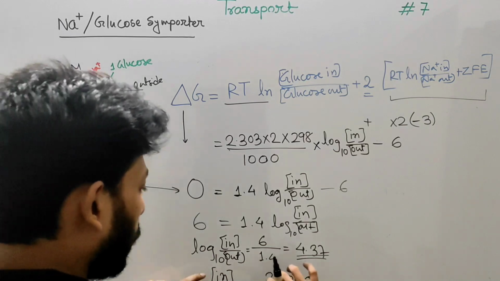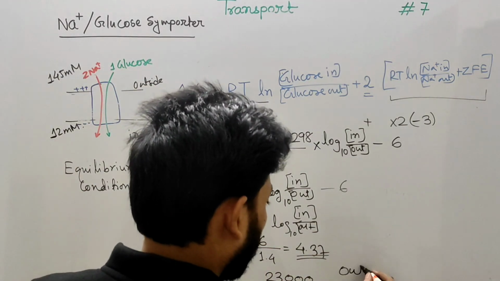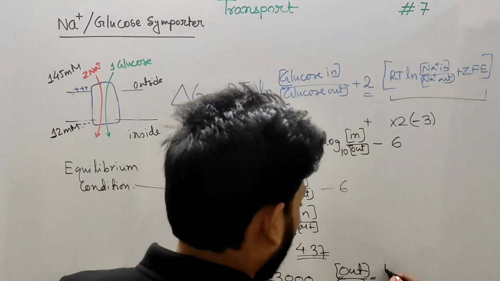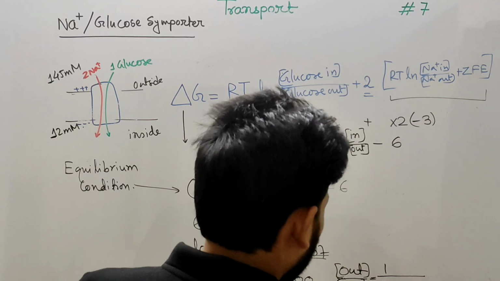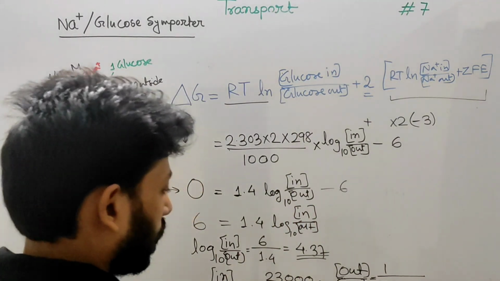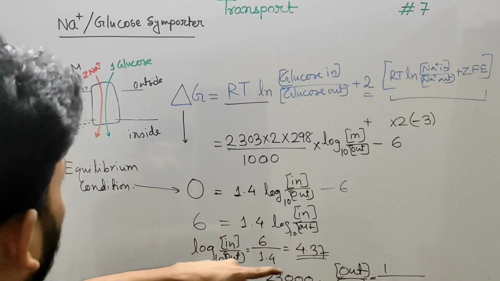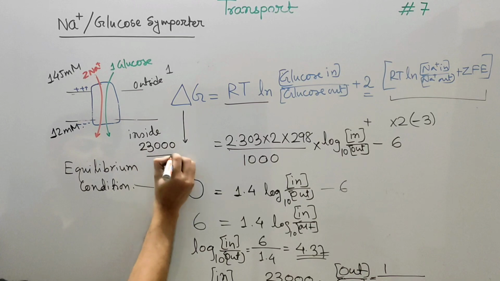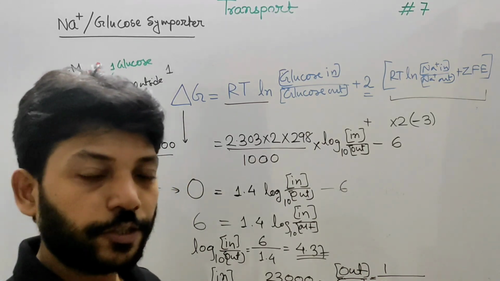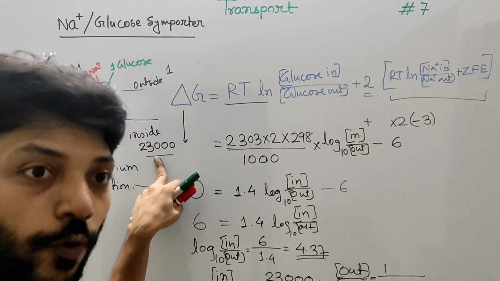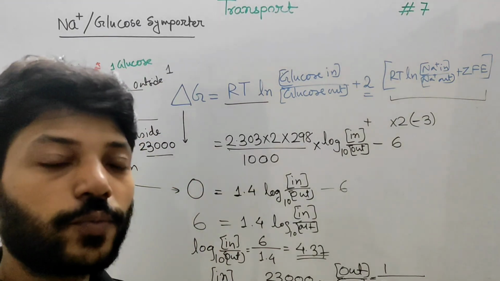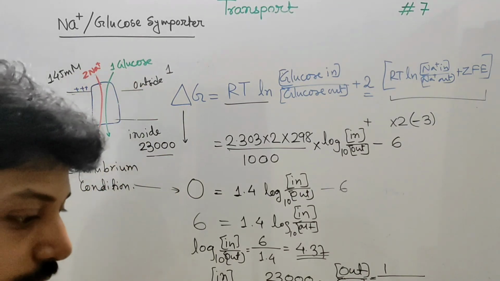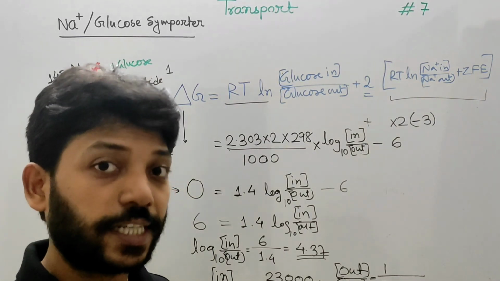We can also flip it, so outside and inside concentration becomes 1 by 23,000. Now outside becomes 1 and inside becomes 23,000. That shows that when the glucose concentration becomes 23,000 fold that of the outside, this process will stop. See how efficient this Symporter is, that it can work up to 23,000 fold glucose concentration.